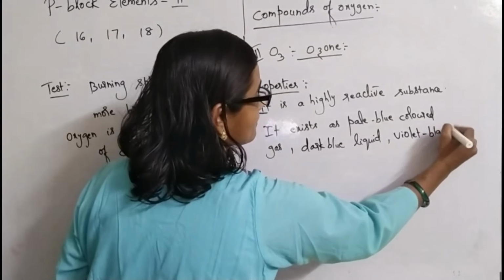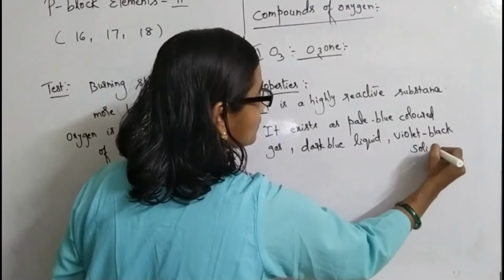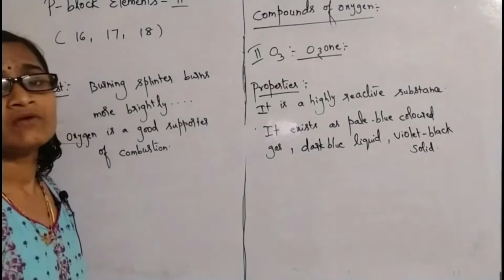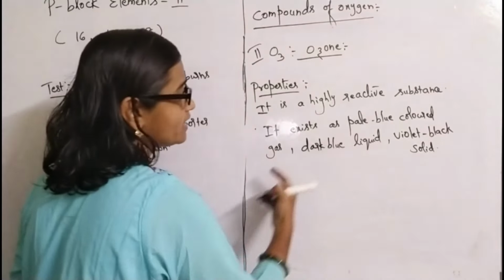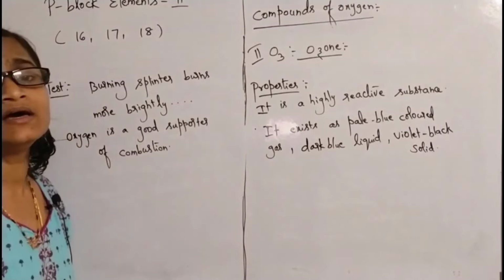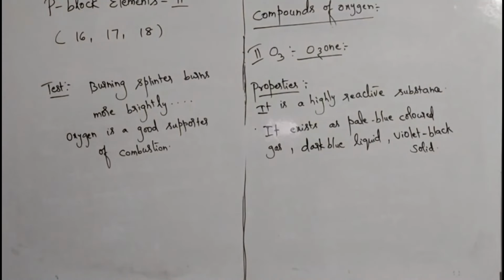Ozone can exist in three forms. In the form of gas, it exists in which color? Pale blue colored gas. Next, high concentration of ozone may lead to explosion reactions. High concentration of ozone leads to what?